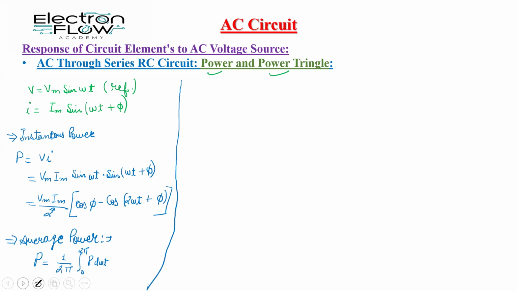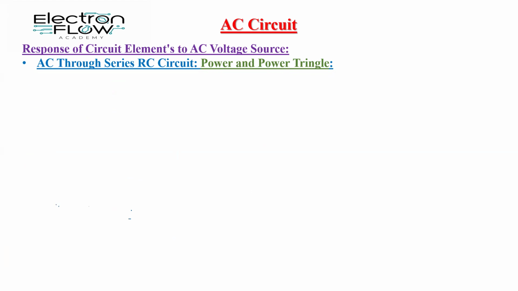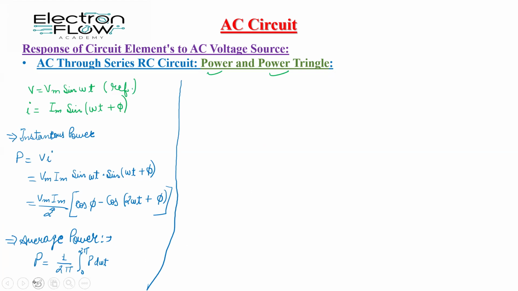So the average power will look like P is equal to 1 upon 2 pi, putting the value of the power, which is this power, in this equation. Put this value here and integrate it.